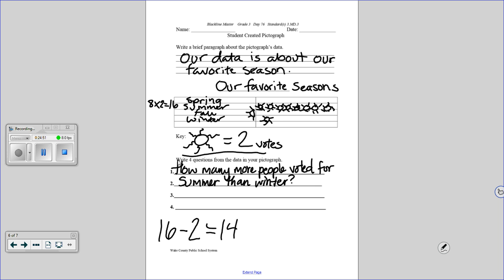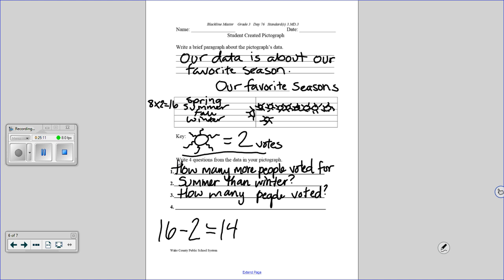How many votes are in all? Yeah. How about I say how many people voted? How about that? How many people voted?